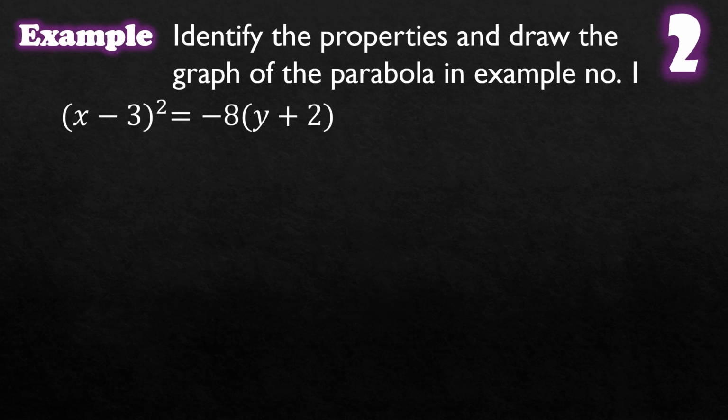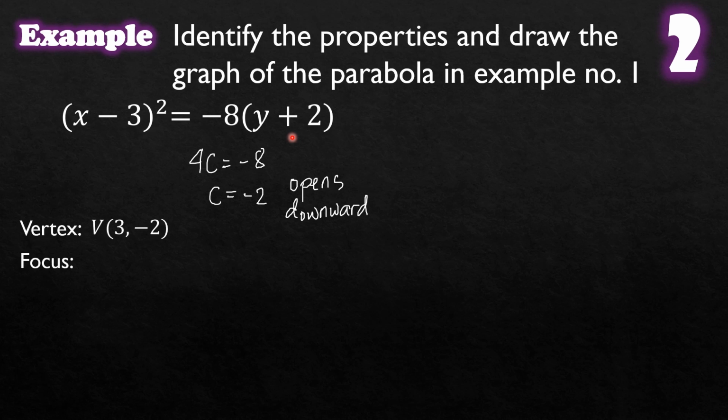From the equation, we know that 4c is equal to negative 8. Dividing both sides by 4, we have c is equal to negative 2. Hence, we know that the parabola opens downward. The vertex is at (h, k), hence we will have the vertex at (3, negative 2).